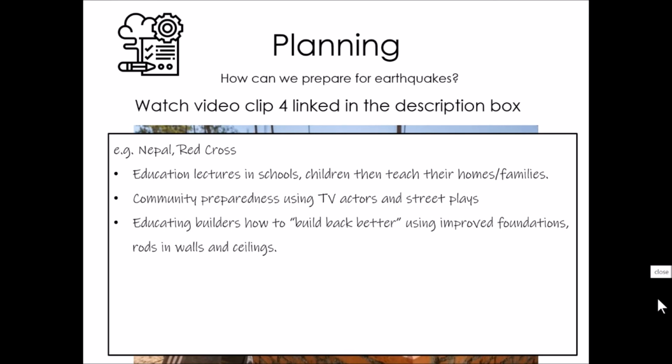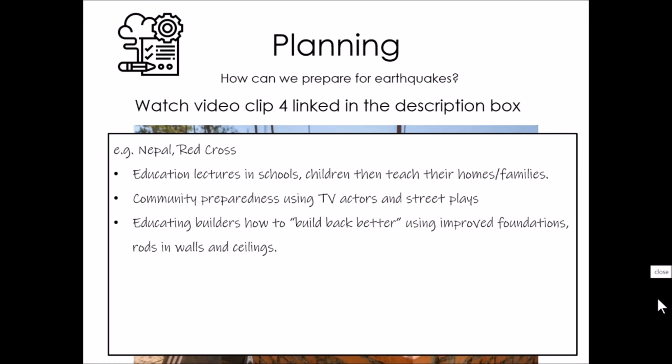Another thing as well that I've definitely discussed with my students as we've been looking at Nepal is how often earthquakes can provide an opportunity to build back better. So there's no point building back the exact same building that was collapsed due to the earthquake, because it's likely another earthquake will happen. So another thing that the Red Cross are doing are educating builders and developers to show them how they can relatively cheaply improve buildings to ensure that they don't collapse.